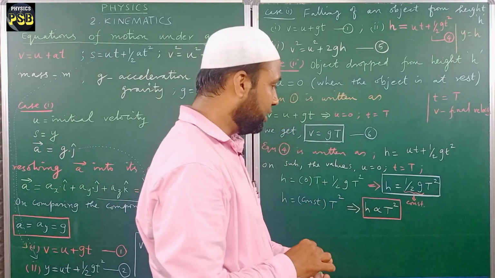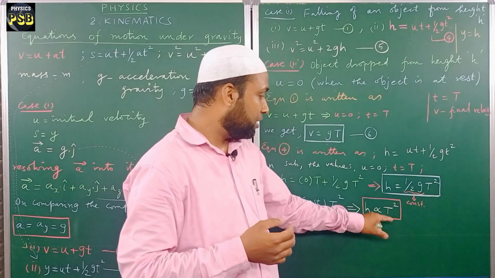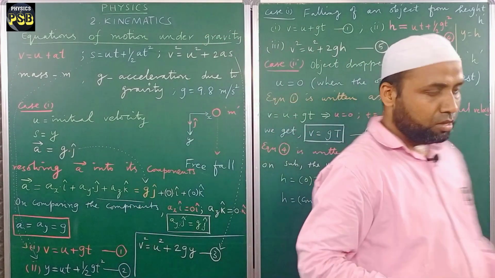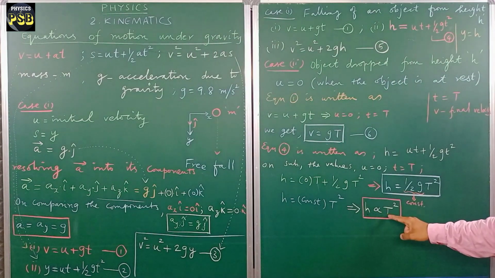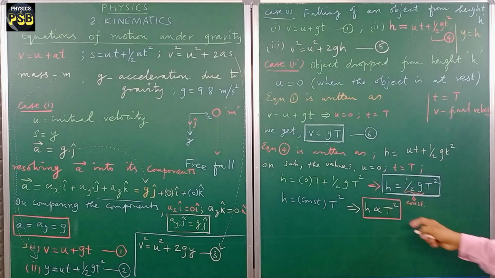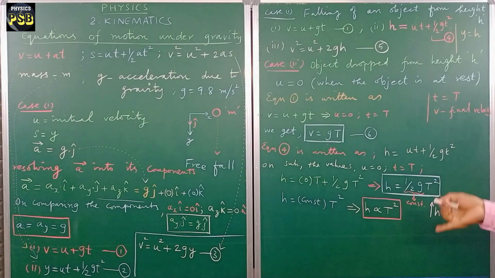This shows that when we increase the height, the time taken by the object to reach the ground will be more. With increase in height, the time taken by the object to reach the ground will increase. This is what it means.